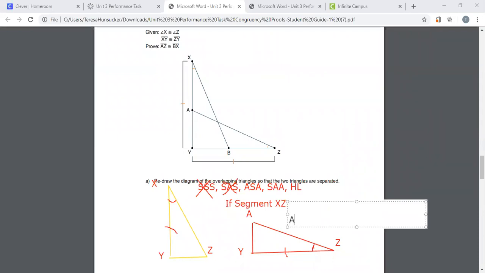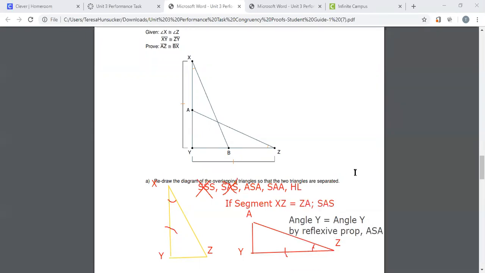So you would say angle Y is equal to angle Y. And then you would say by the reflexive property. And then the triangles would be congruent by angle, side, angle. Okay? So we took care of angle, side, angle.